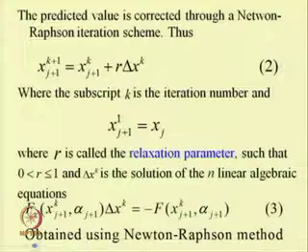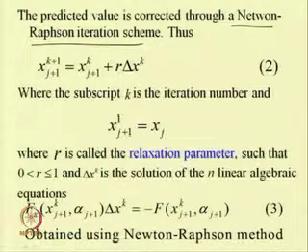This can be done by using the Newton-Raphson iteration scheme. In this scheme one can take x_{j+1}^{k+1} equal to x_{j+1}^k plus r delta x^k, where the superscript k is the iteration number. At the first step, the initial guess value is taken.